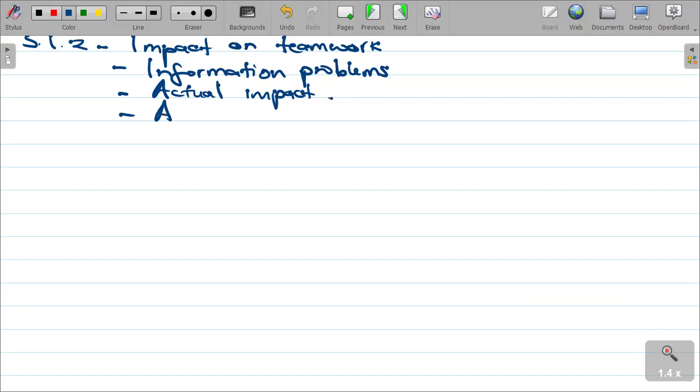It involves administrative load. Too much paperwork is involved. Right. And then also find out that there is a design problem.